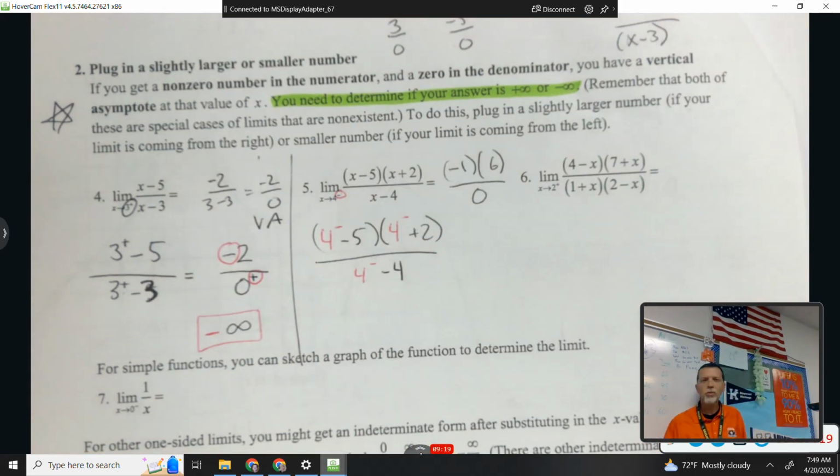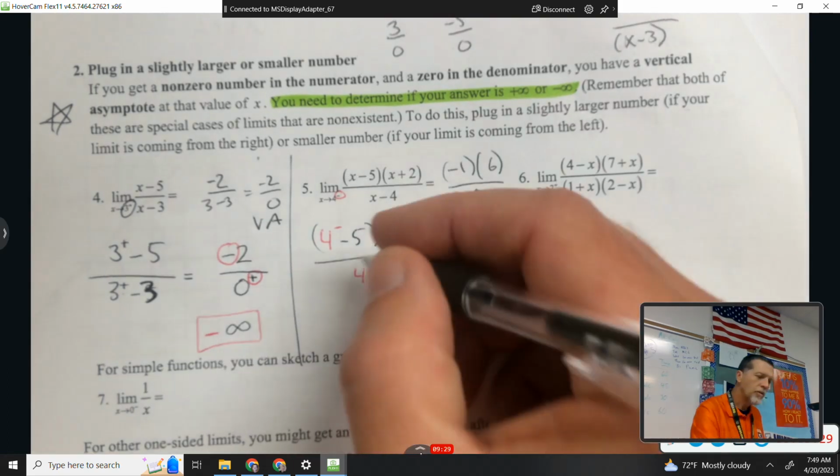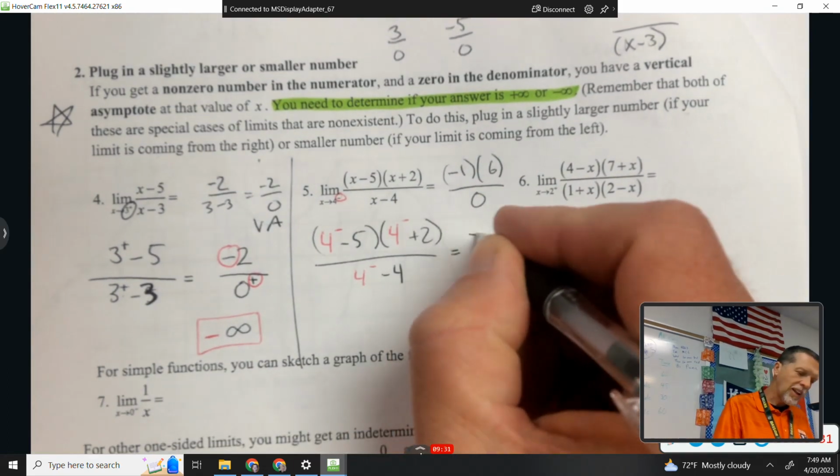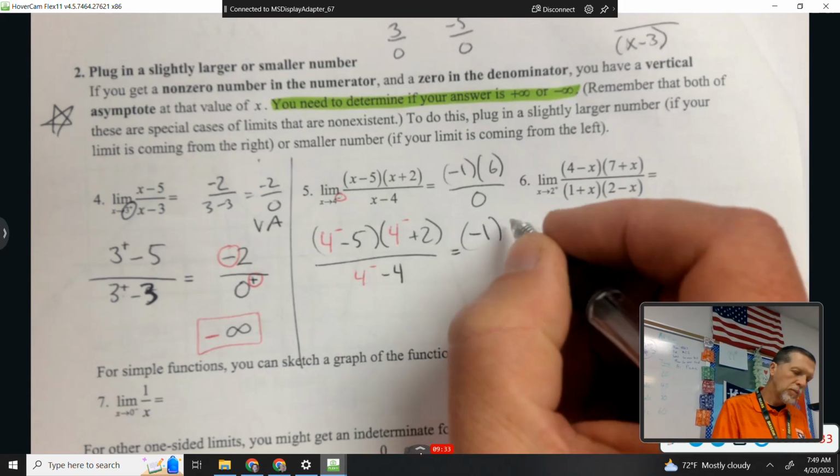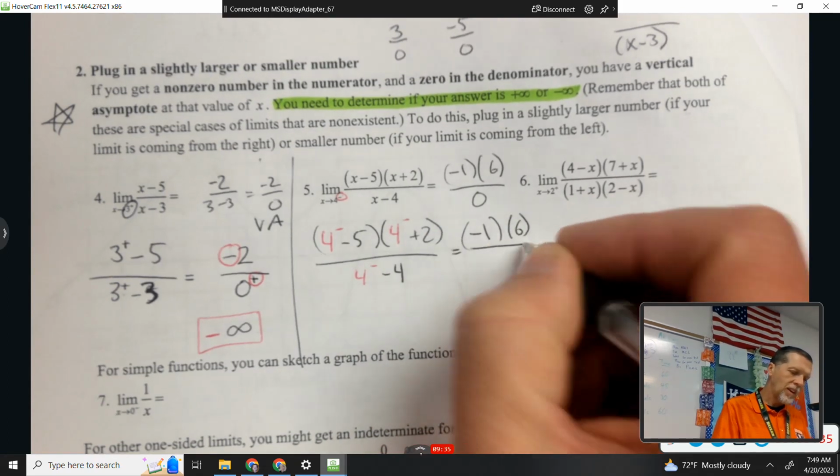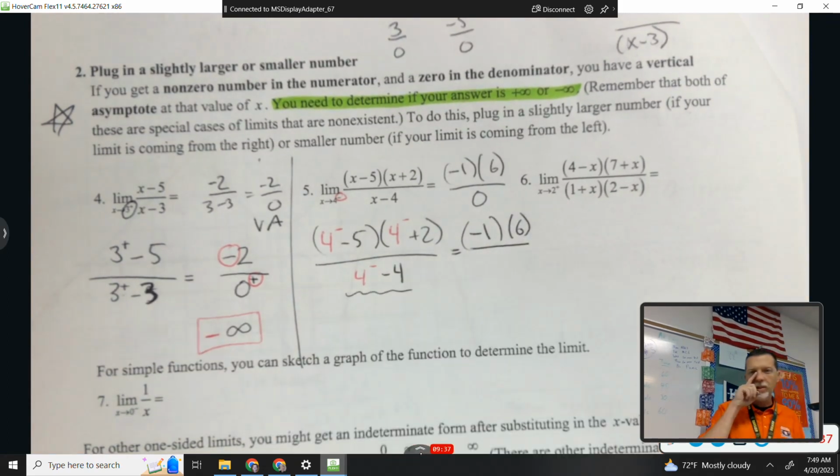That looks weird. 4 negative minus 5, 4 negative plus 2, 4 negative minus 4. The only numbers we're really worried about are the zeros. So 4 minus 5, we can still just say that's negative 1. 4 plus 2, that's still 6. It's the zeros that we got to be real careful with.